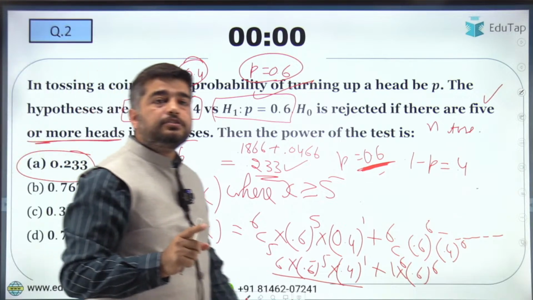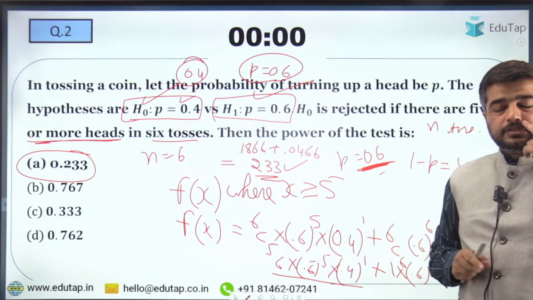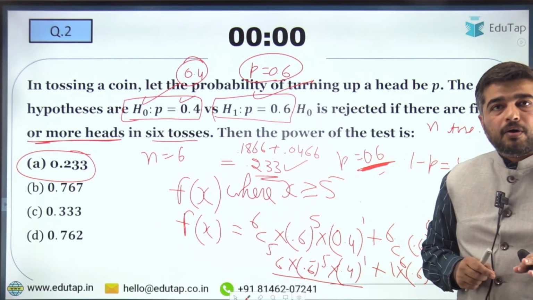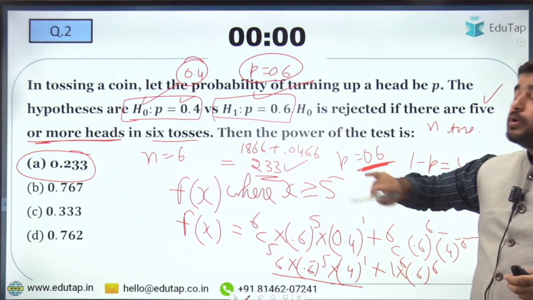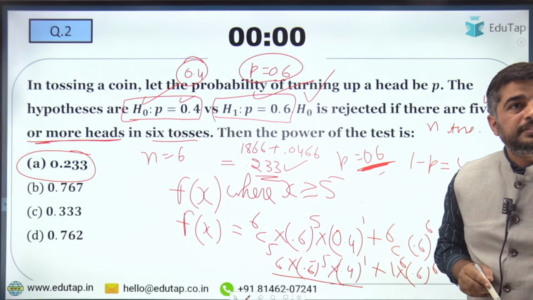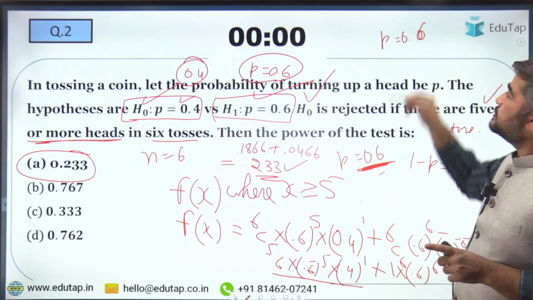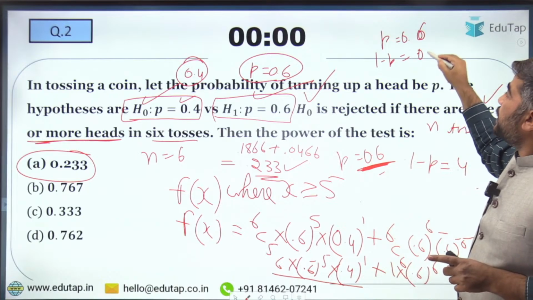In binomial distribution, you have to open the binomial distribution. The probability will depend on what you have to do. In this question you have to accept the alternative hypothesis, and in the alternative hypothesis p is 0.6. So 1 minus p will be 0.4.